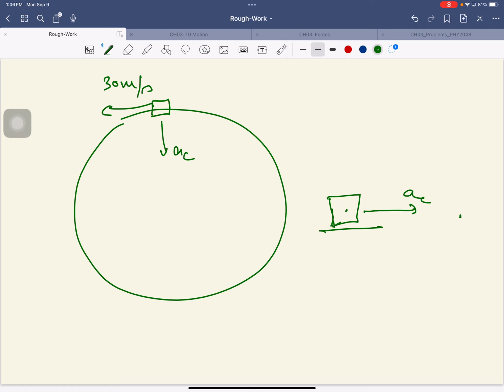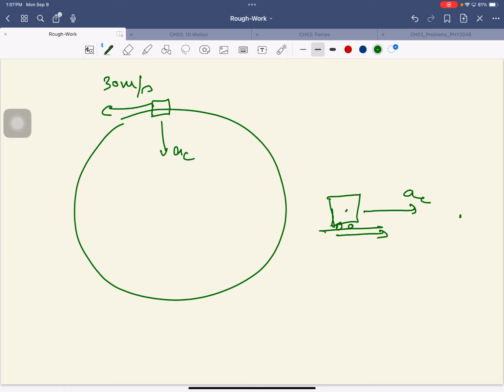No, the turning of the wheel is no. That's propelling you forward. Very good. It's the static friction force between the tires that is providing that.